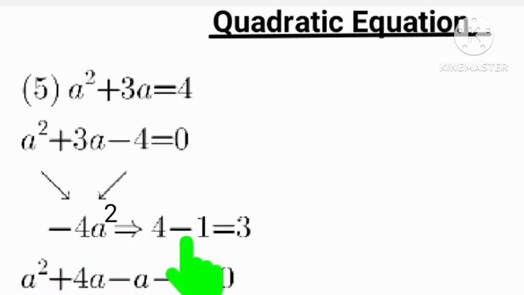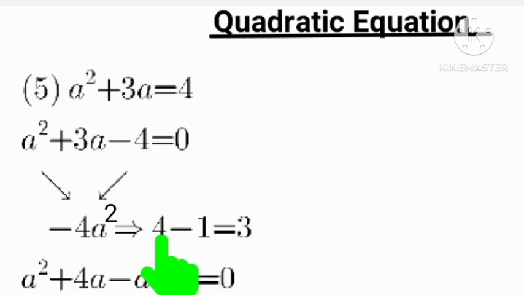Then what are we going to do next? We are going to replace the middle term, that is the second term of the quadratic equation, with the new factors of negative 4a squared. So we are going to replace 3a with 4a minus a. So here we have a squared plus 4a minus a minus 4 is equal to 0.